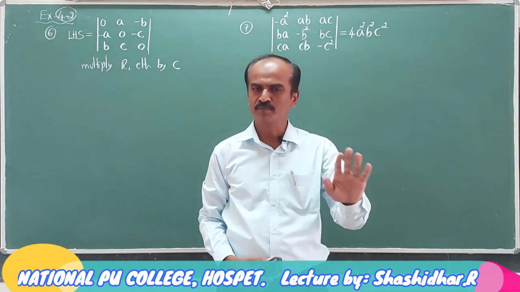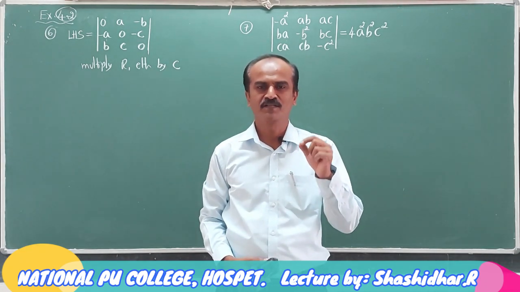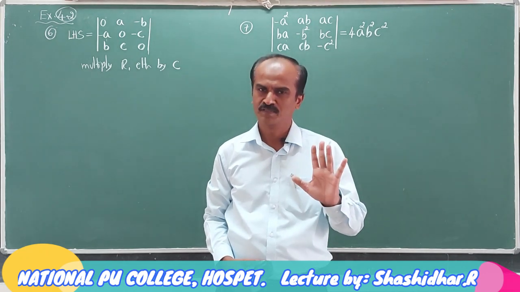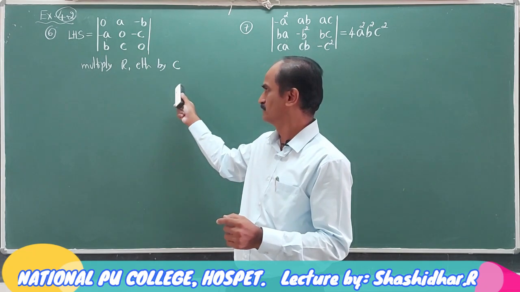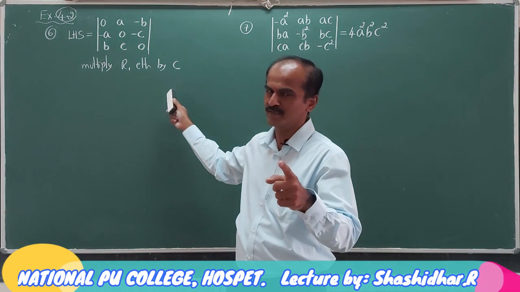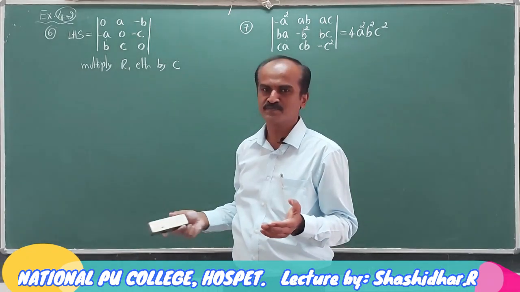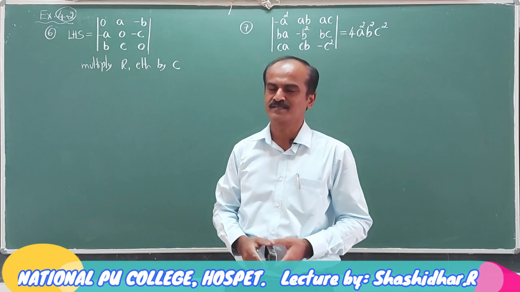You need not multiply all the elements of the determinant. It is sufficient to multiply any one row or any one column. Here I multiply the whole determinant by C. The equivalent statement is, I multiply R1 elements by C means the whole determinant is multiplied by C.